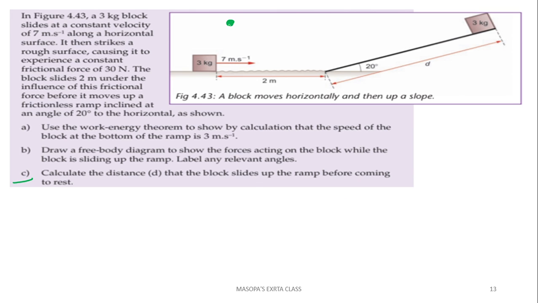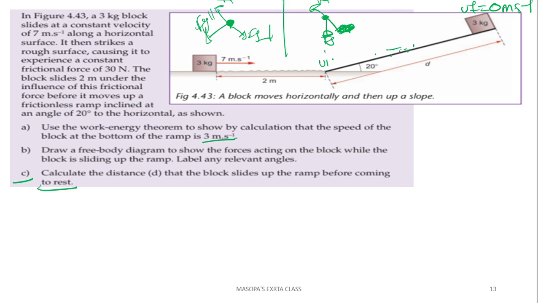We have Fg parallel that acts there, and remember, we still have a normal force and here we have Fg perpendicular, and Fg parallel on that side, because this one is not a rough surface. Now they say that this thing comes to rest. That means that our final velocity here will be 0 meters per second. And remember, we were given that the initial is 3 meters per second.